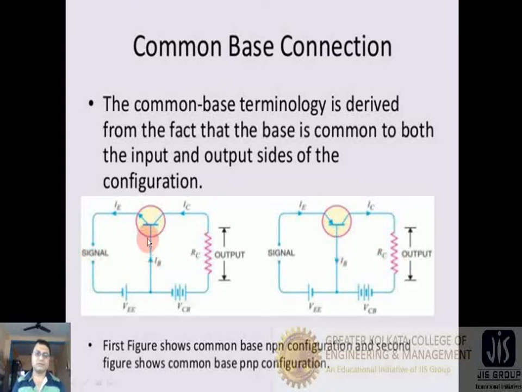In both cases, the base is made common. The input signal is given on one side, and we get the output on the other. In this way, common base configuration circuits can be built.